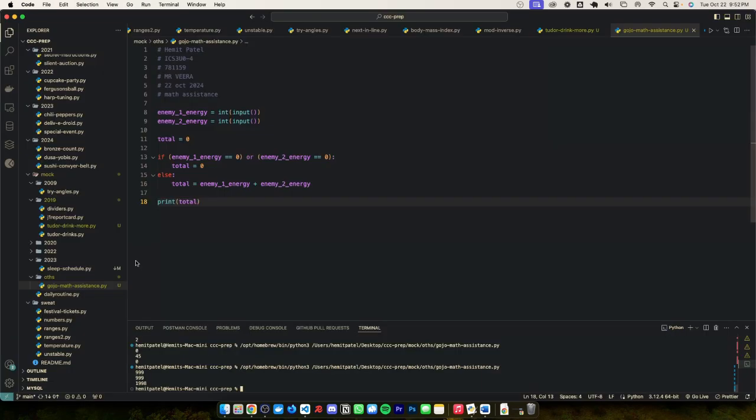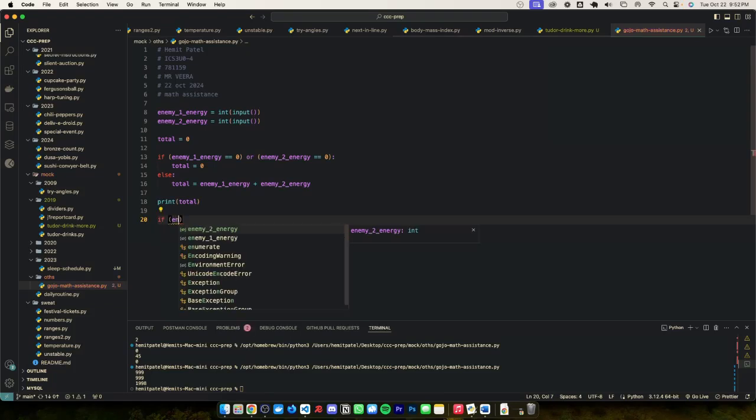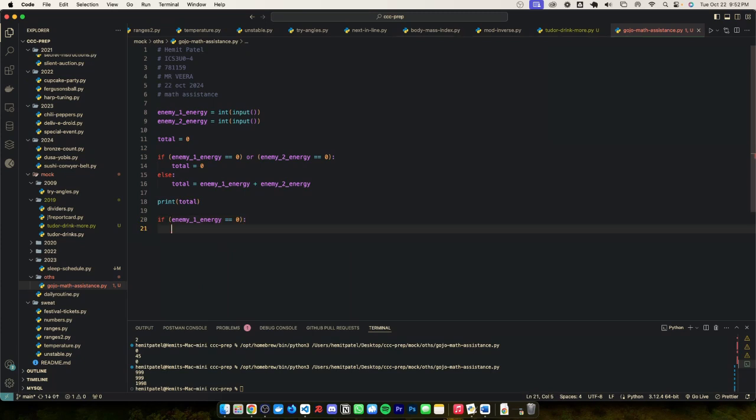So this is much more elegant than the other way that I had. In the first thing that I was thinking of, I was basically checking if enemy one's energy is 0, and if it is, then assigning enemy two energy to 0, and doing the opposite if enemy two was a 0.